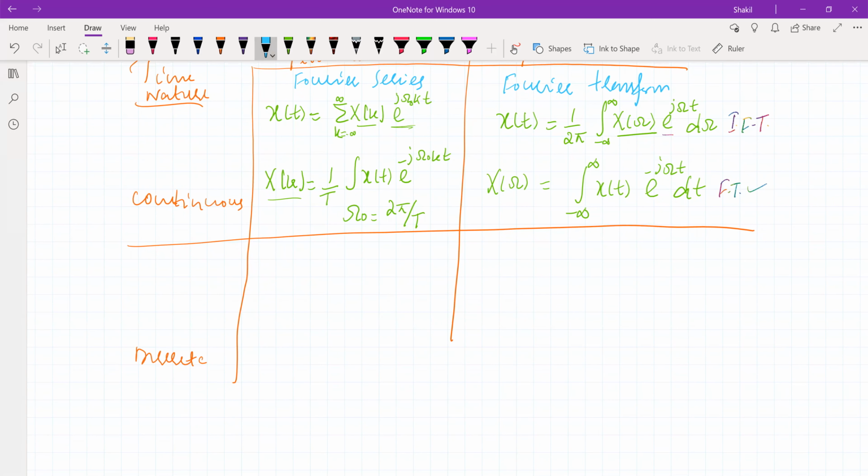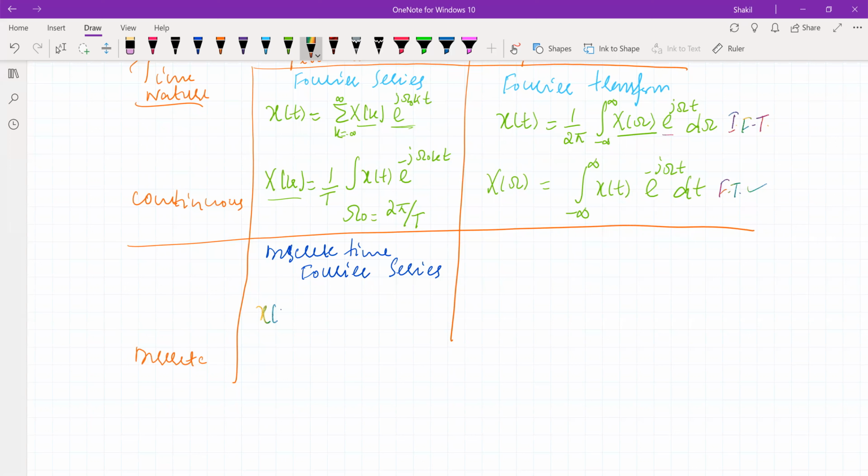Now, if it is discrete but periodic, then the Fourier representation is referred to as the discrete time Fourier series. What is the representation? We are going to use a different omega.